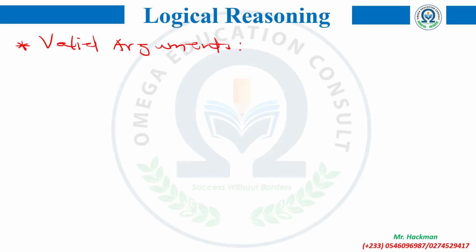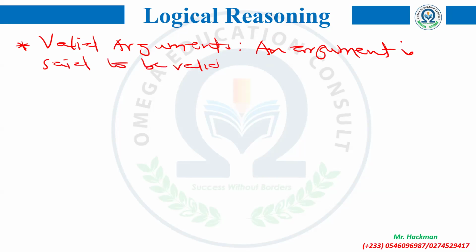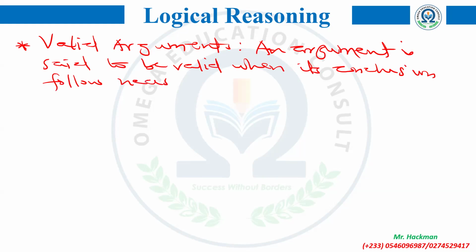So let me write: an argument is said to be valid when its conclusion follows necessarily from a given set of premises.